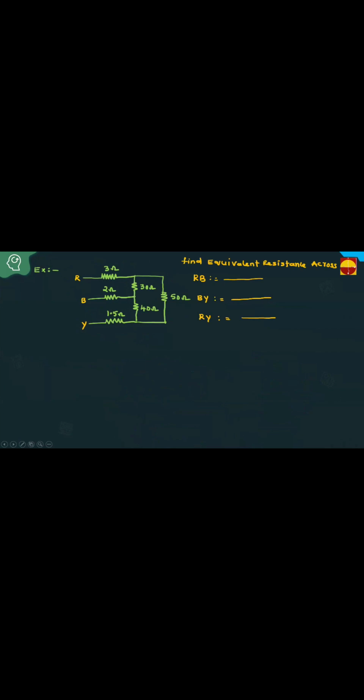Can anybody answer this? Here separately it is asking what is the equivalent resistance across RB, across BY, and across RY. This model is also very important. Come on, do it.